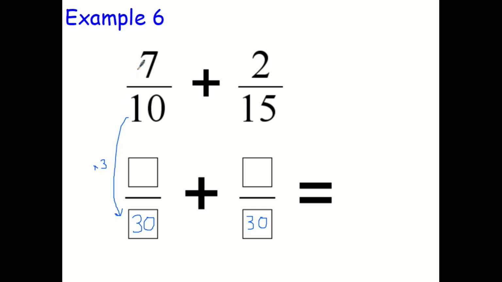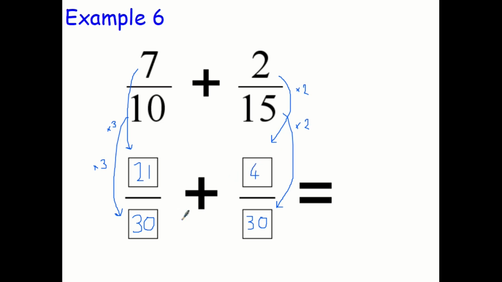So I multiply the 7 by 3 to give me 21. How many 15s in 30? There are 2. So I multiply the 2 by 2 to give me 4.